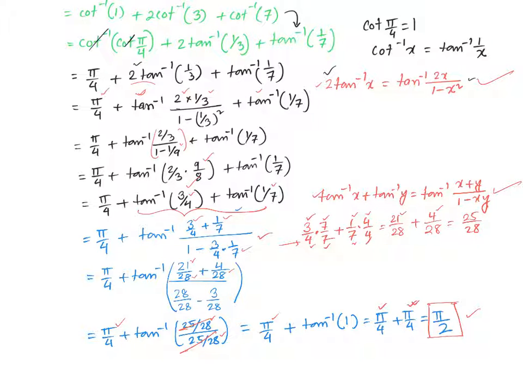But of course, the left hand side was given in terms of g of 0, g of 1, and g of 2. And then to get to g of x, we just applied cotangent inverse to both sides of the given function. Basically, this problem is nothing more than just a straightforward application of these two formulas.